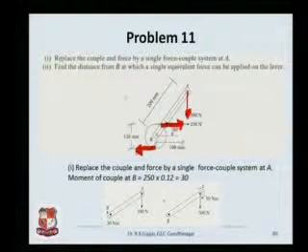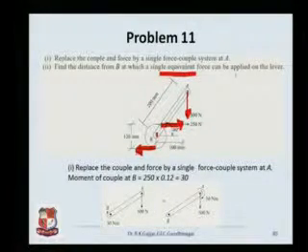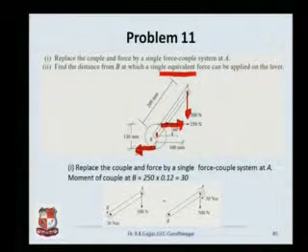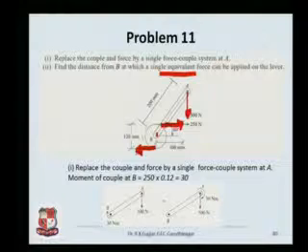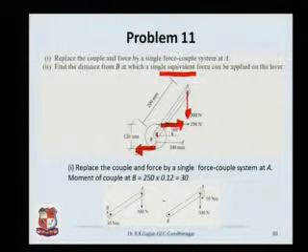Part 2 of the problem is to find the distance from B at which a single equivalent force can be applied on the lever. There has to be some force which we can apply at B that has exactly the same effect that this force and this couple are having. Let us start the problem.